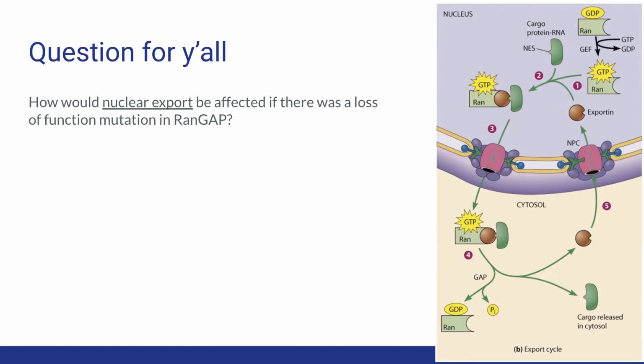What that's showing is that the GTP is losing a phosphate, so you end up with GDP and a phosphate. If you added the phosphate back onto GDP, you get GTP. My primary point is that if there was a loss of function, then the cargo would never be able to be released.